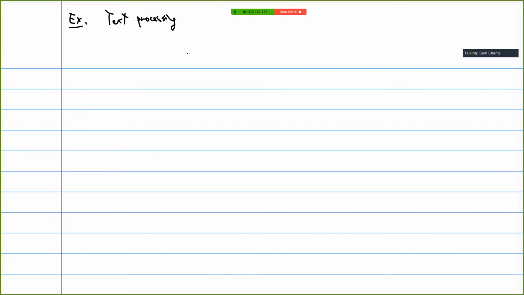It's very common that in text processing we have two documents D1, D2. We want to see how different or how similar these two documents are. So we just want to put similar documents together. Think of you're having a search engine, right? And you have one document, and want to find similar documents.